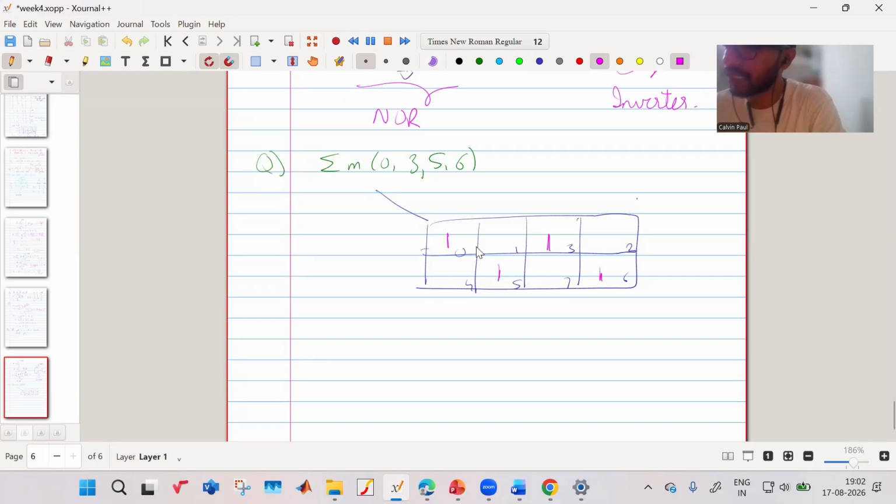Let us try to understand. This is, let us say, A, B, C. So this is 0, 0, 0, 1, 1, 1, 1, 0, and this is 1. What do you think? Is it an XOR gate or an XNOR gate?